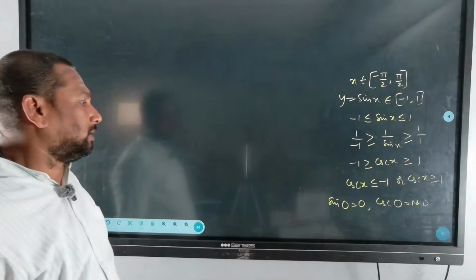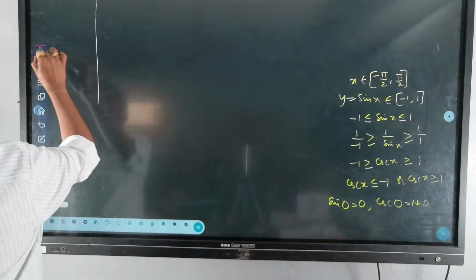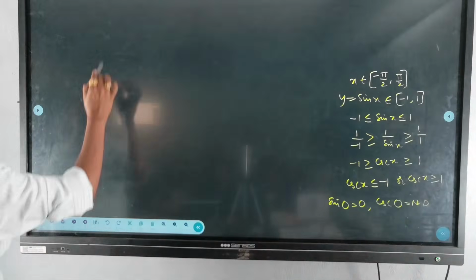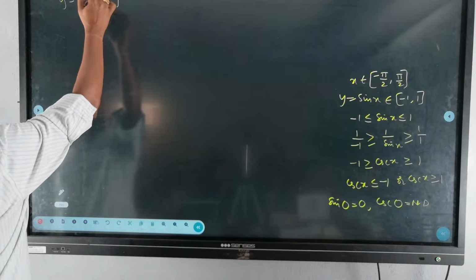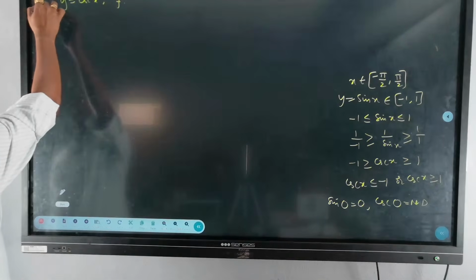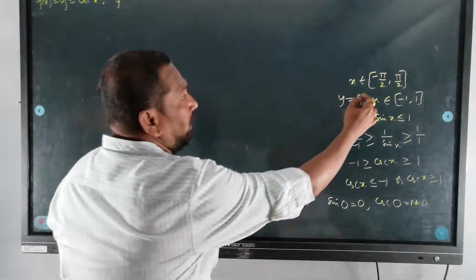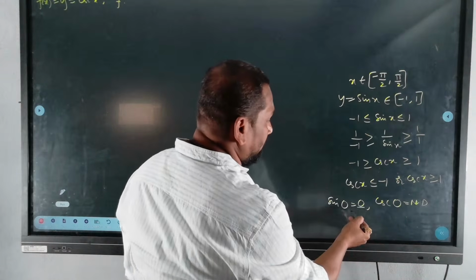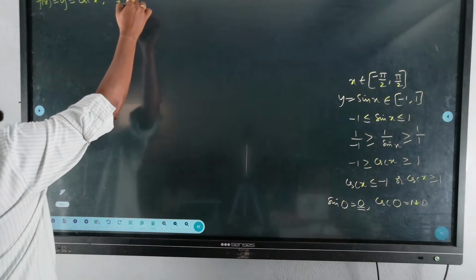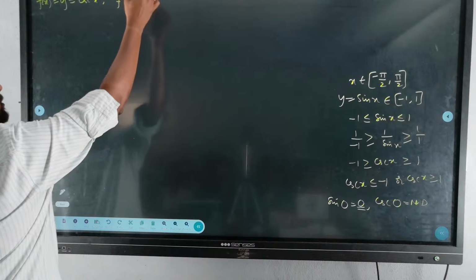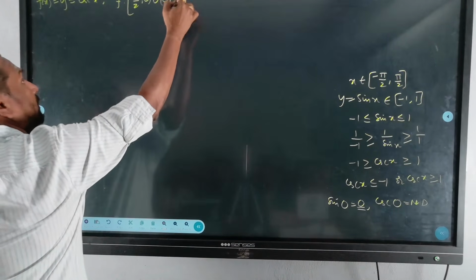Okay? Right. So what about the cosecant x graph? y is equal to cosecant x. f(x) is equal to cosecant x. What is the domain here? You can take from minus pi by 2 to pi by 2 except 0. So the domain is closed minus pi by 2 to 0, open, union open 0 to closed pi by 2.